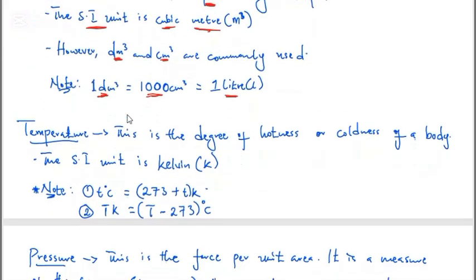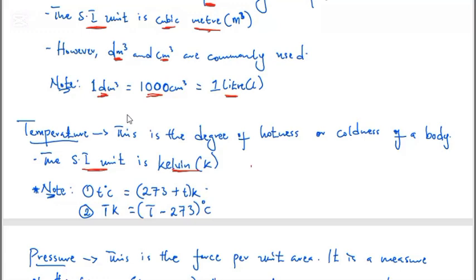The next is temperature. What is temperature? This is the degree of hotness or coldness of a body, and the SI unit is what? Kelvin. Take note, not degrees Celsius. Kelvin is the SI unit. I'm saying if you want to convert from Celsius to Kelvin, you add.